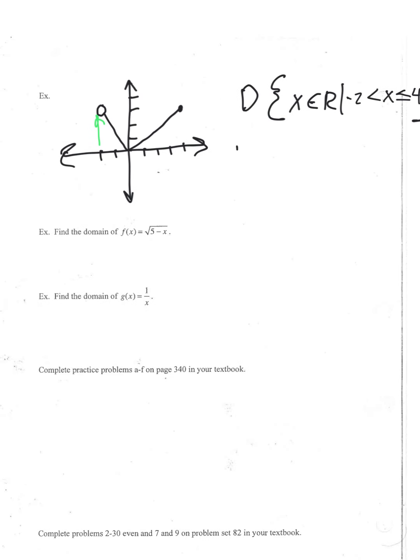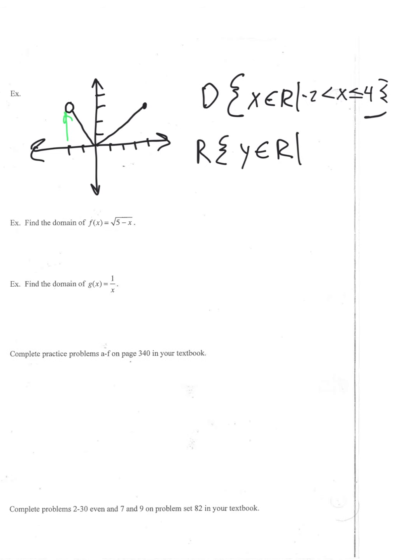What about the range? Well, let's talk about the range. The range, y too, can be part of a subset of reals, and within those subset of reals there are limits. It looks like our lower limit is going to be 0, because this point here looks like our lowest point, and that's at y equals 0.